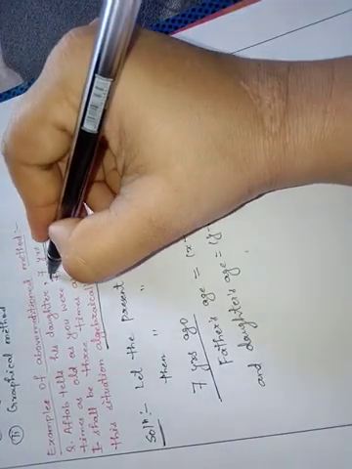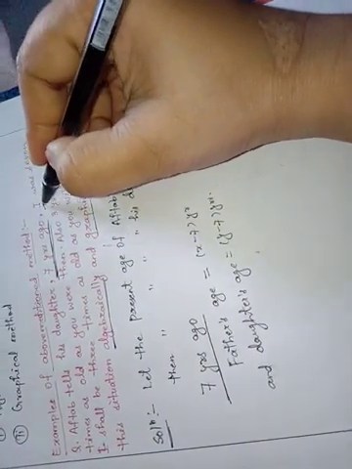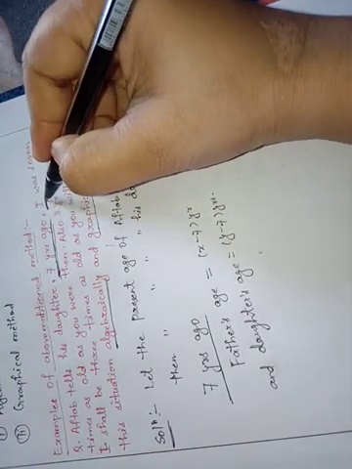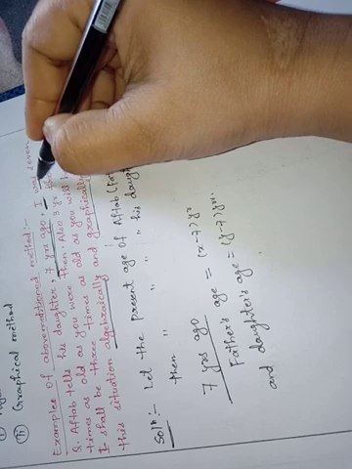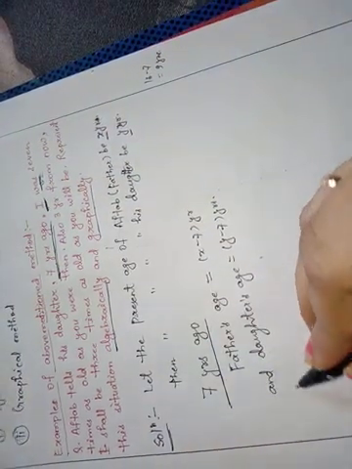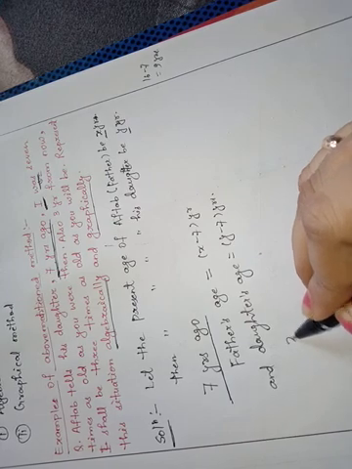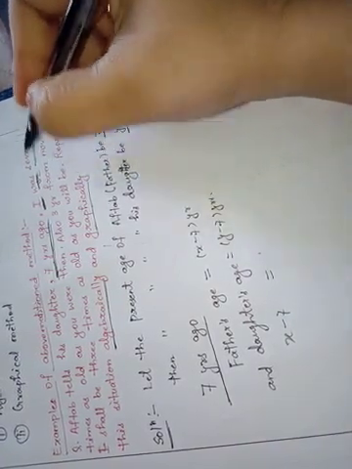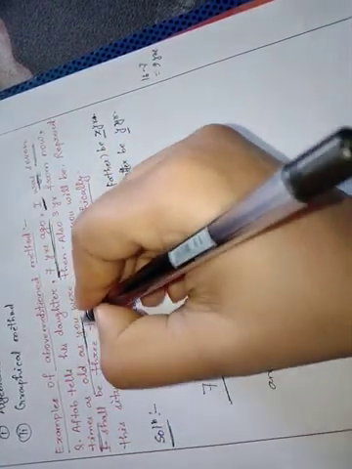Seven years ago I was, who was I? I means Aftab. In the statement, "was" shows the equal sign. So 7 years ago I was, means father is X minus 7, equal to 7 times as old as you, means daughter.